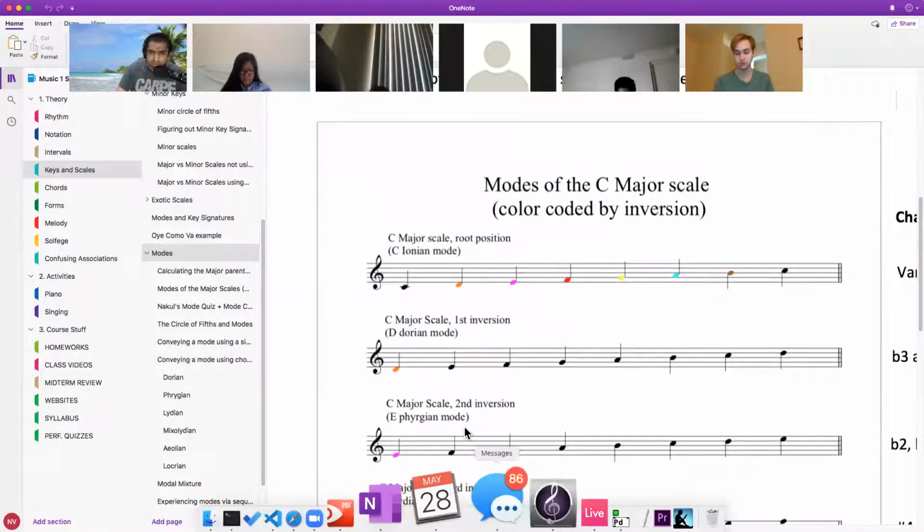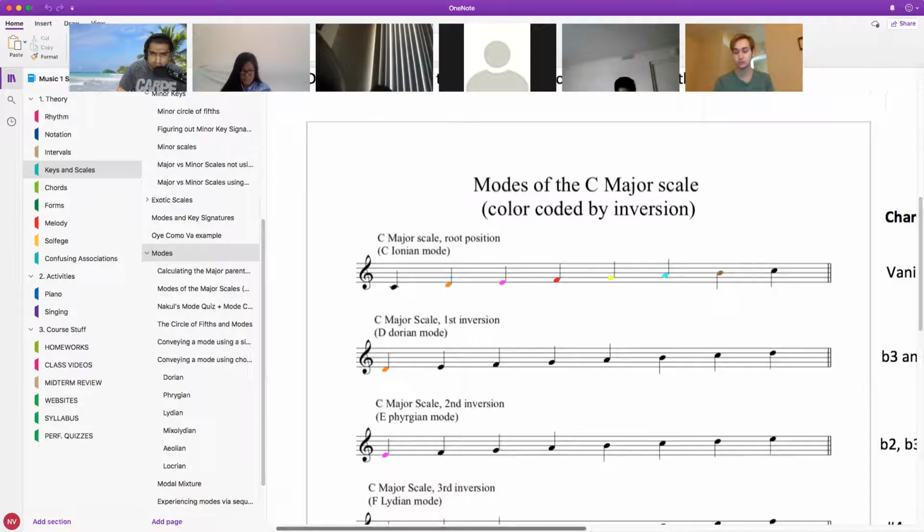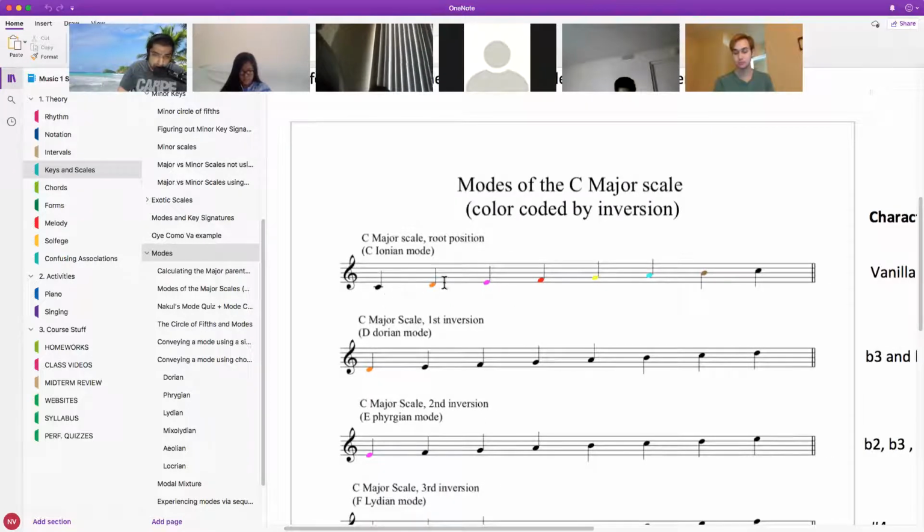What you have here basically is the C major scale, right? And these are all different colors depending on the notes of the scale. Now, if you invert these scales such that the colored notes are basically the starting note of the scale, you arrive at the different modes of the scale.